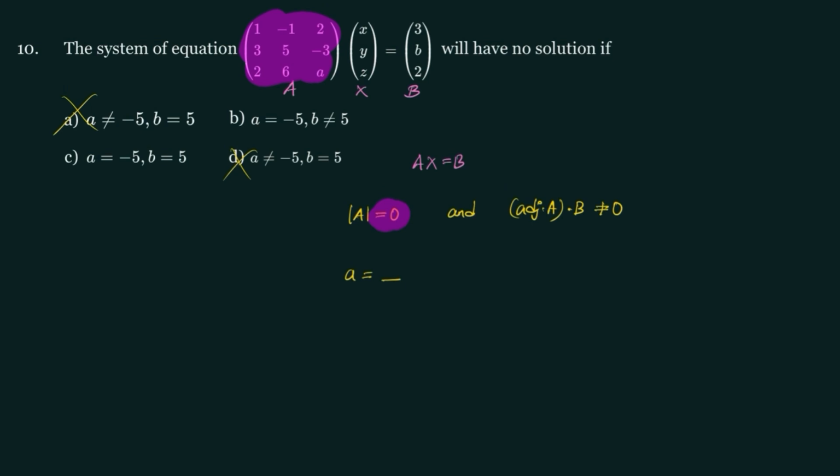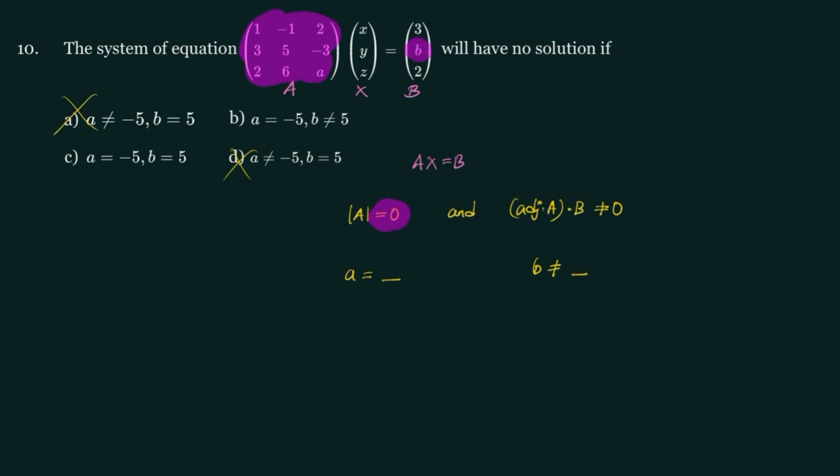And if you see the next property, that is adjoint of A into B not equals to 0. Now if I try to solve this, you will ultimately get small letter b not equal to something, because if you look at the matrix B, there is the unknown small letter b.